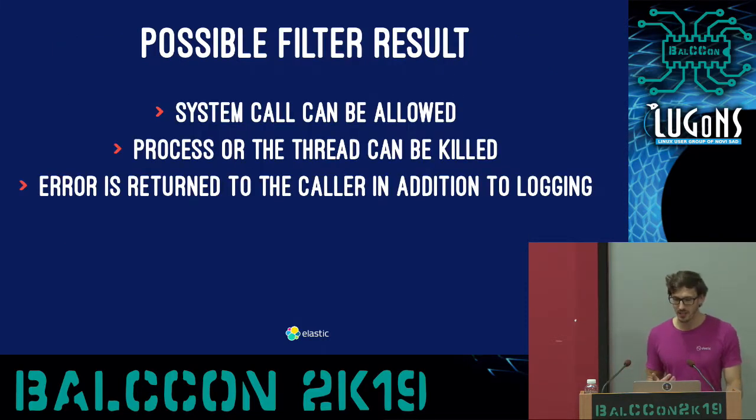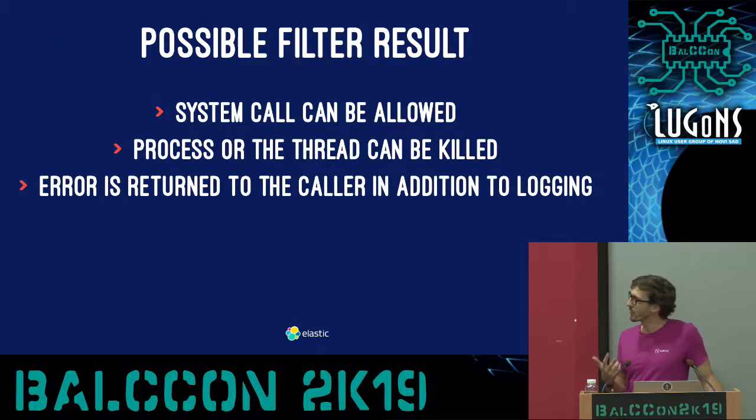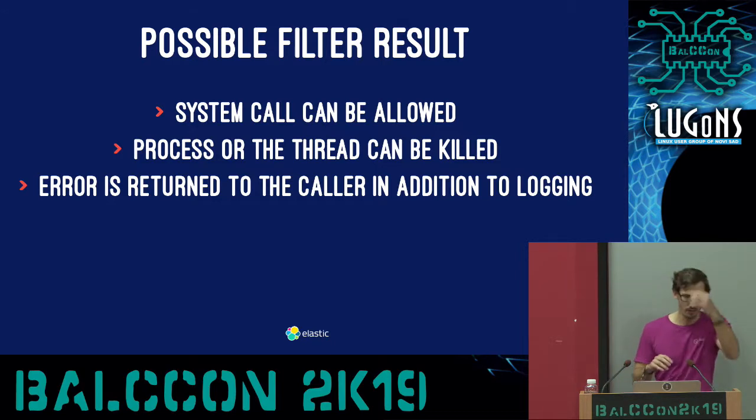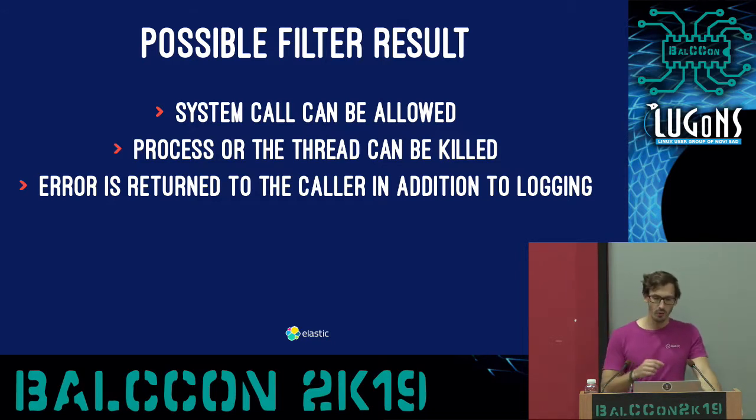And the filter results have three possible outcomes. The first one is, it's allowed, like we didn't run into any deny rule that might block that. The process or thread can be killed. Like you say, hey, you're trying to do something where I know you should never do that. So just to be safe, I'm terminating the entire process. So we're just cutting you off.